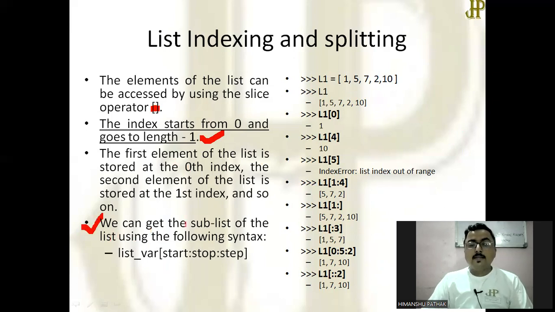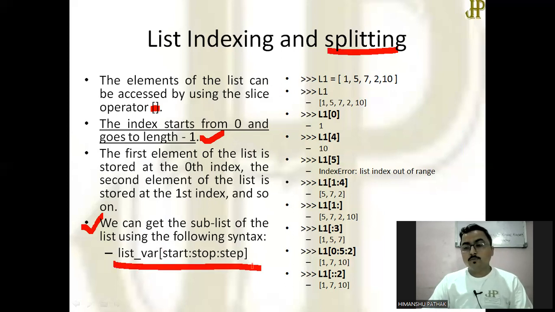We can get a sublist, meaning if you want to find a sublist from the list, then you can use this syntax. Whatever the variable name is, then in brackets, 3 values are to be given. In these 3, the first one is start, then colon, stop, colon, step.